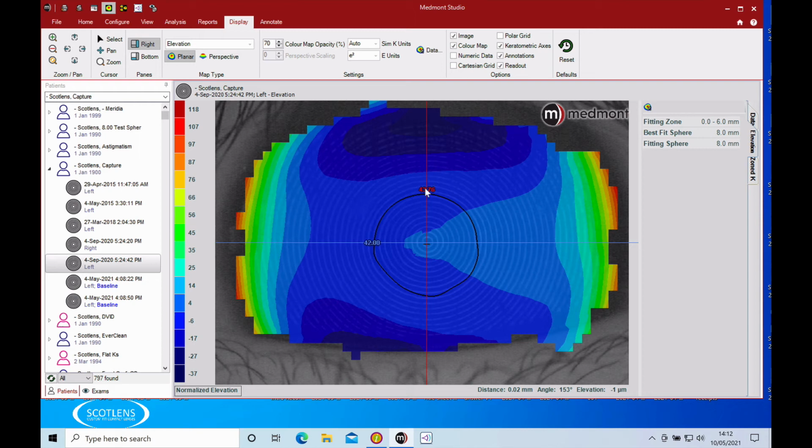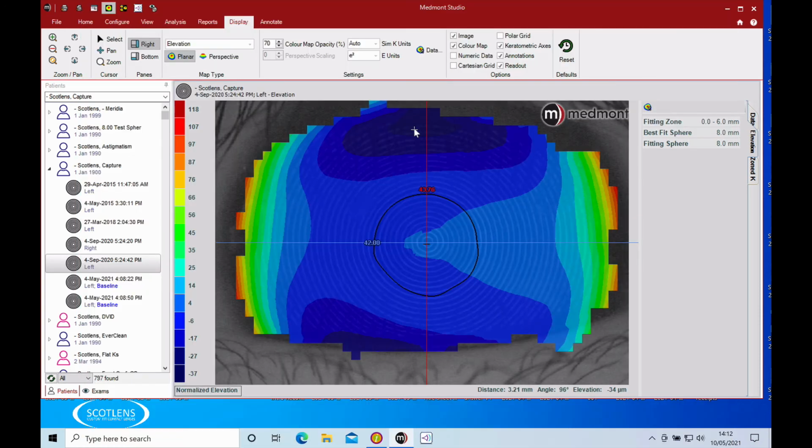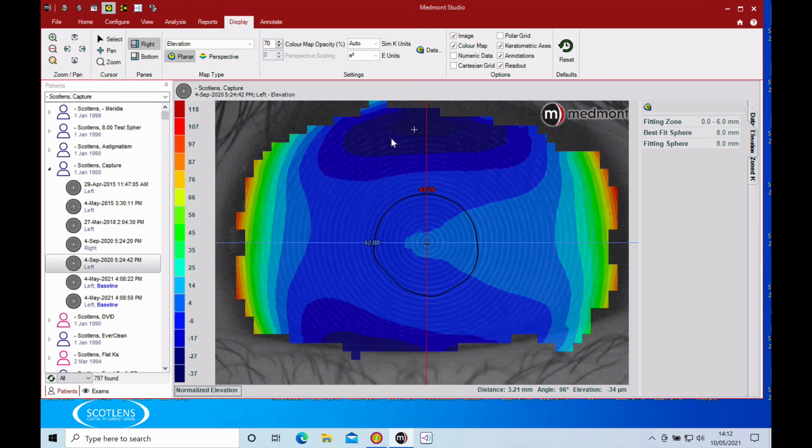And then the elevation is the difference between that 8mm sphere and where the cornea is. So if there's a big gap, like in this blue area at the top, where we've got 34 microns of clearance, then you've got a bigger gap, so there would be fluorescein pooling here. So this is the map which we use if we do a fluorescein representation on the eye.